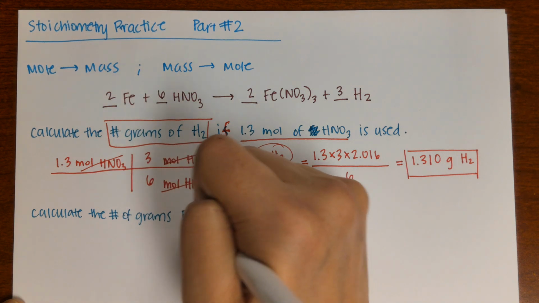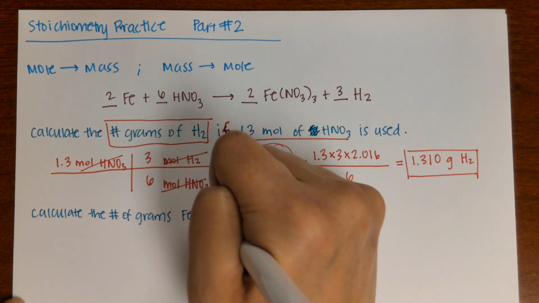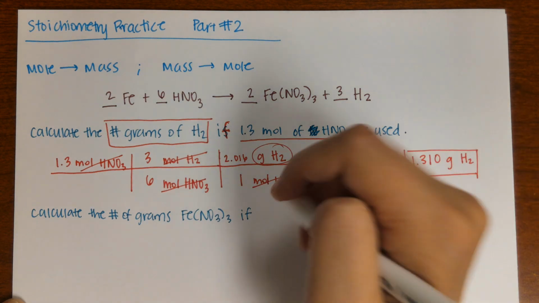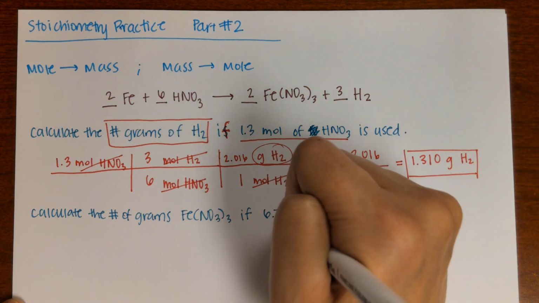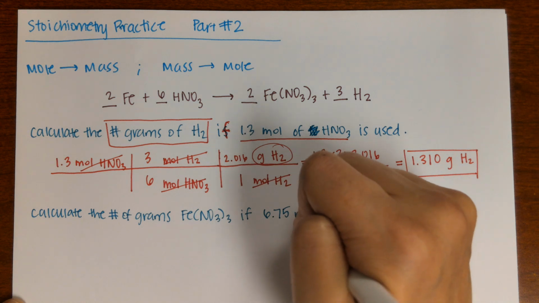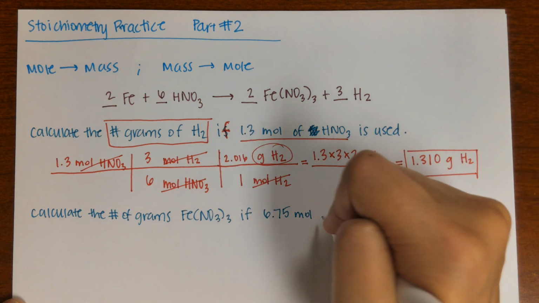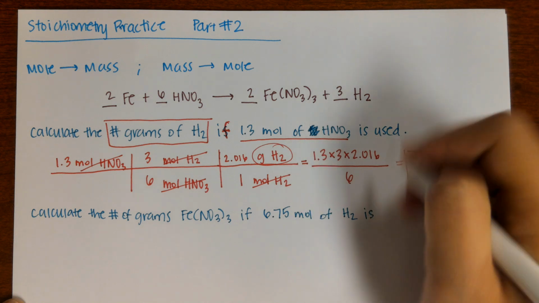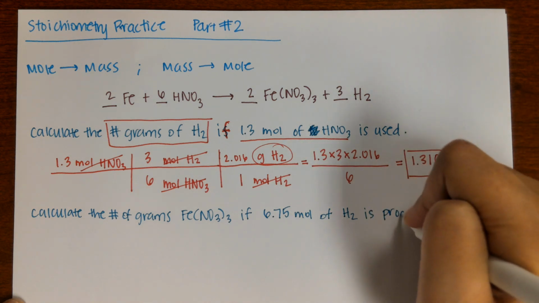Alright, calculate the number of grams of iron 3 nitrate if 6.75 moles of H2 is produced.